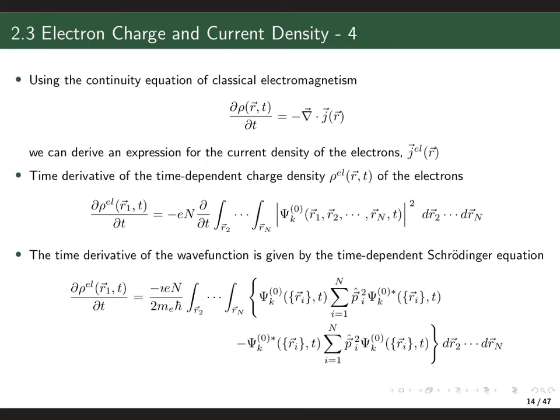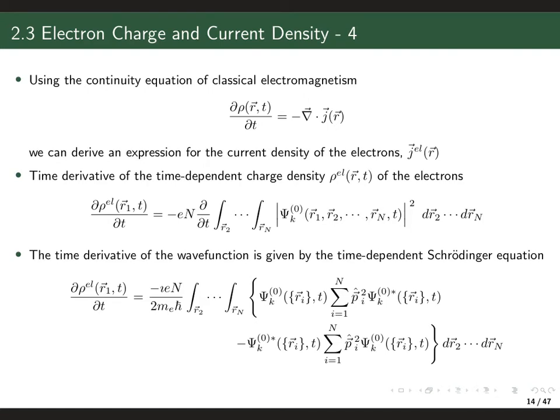And in the following, we're going to derive an expression for the current density of the electrons. In order to do that, we have to take the time derivative of the charge density coming from the electrons. And as the charge density is given as this integral over our wave function, but now we have to take the time derivative, then of course we have to take a time-dependent wave function.